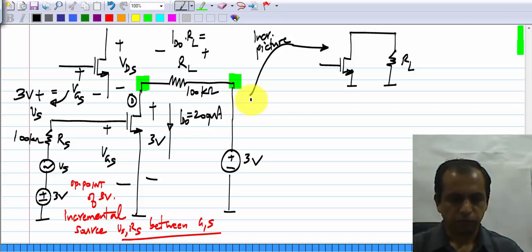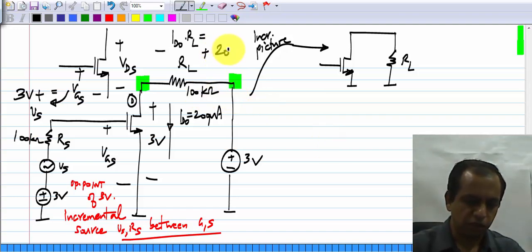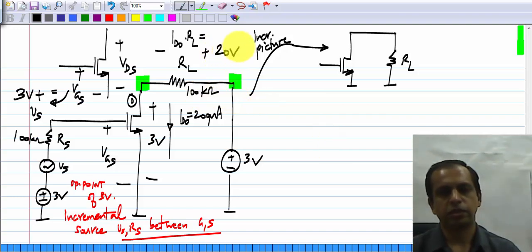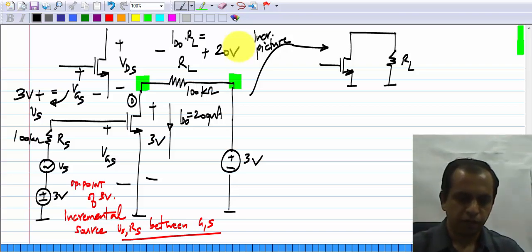Okay. So, ID naught times RL will be 20 volts, right. It appears like a very large voltage and it is for present day integrated circuits, but do not worry about it. Right now, we are just looking at basic principles of amplifiers.